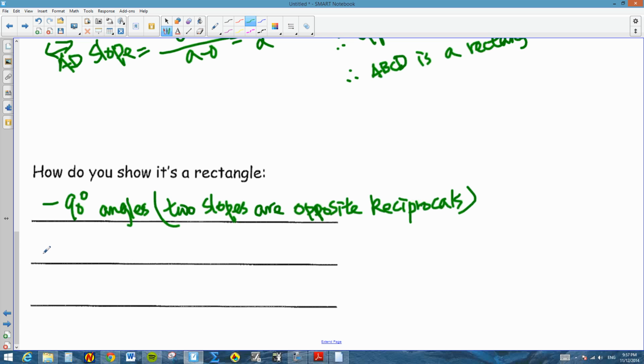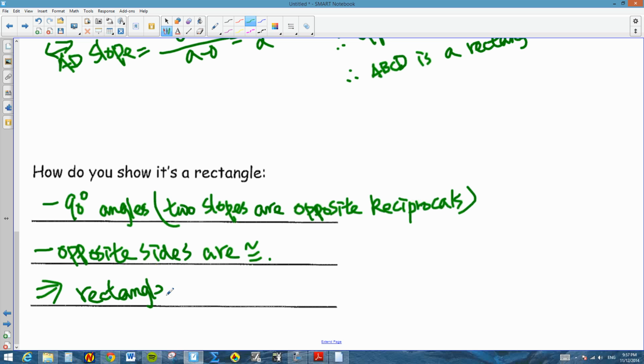And secondly, you have two pairs of opposite sides that are congruent. So that gives you a rectangle.